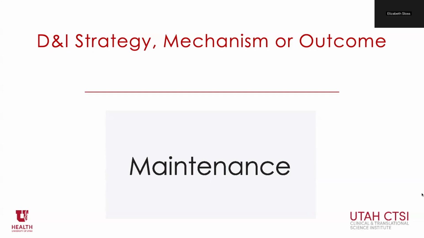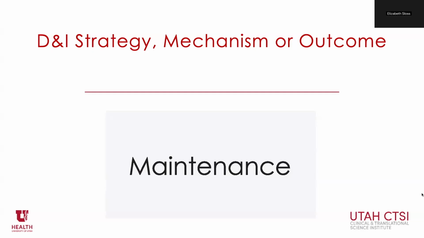Okay, no problem. The question in the room was, could it also be a determinant? I would say, again, it depends on how you're using the specific variable. In fact, I've moved away from using the term determinants because I feel it's a little bit confusing. If you're putting a determinants list together, you would put relative advantage on that list.